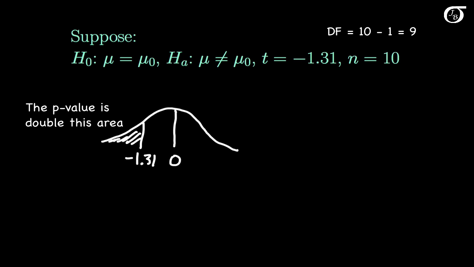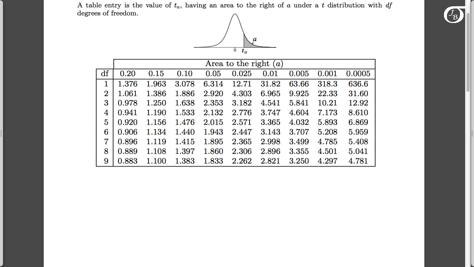So here we first must recognize that the area to the left of minus 1.31 is exactly equal to the area to the right of 1.31. Those two areas are exactly the same. We need to find the area to the right of 1.31 under a t-distribution with 9 degrees of freedom.